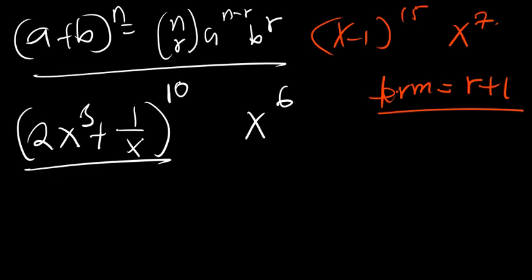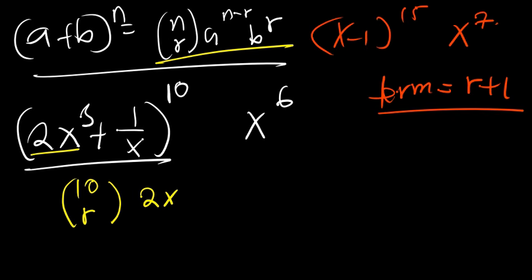Now, using this formula, n is 10 in this case. r I don't know. a is 2x to the power 3. In the brackets, n is 10 minus r, r I don't know. b is 1 over x in the brackets.